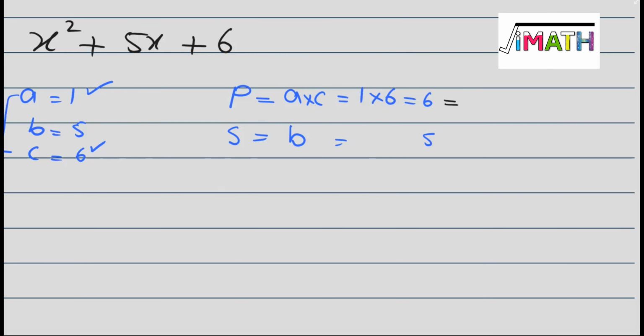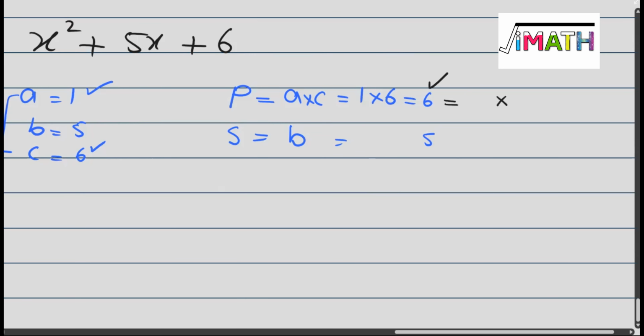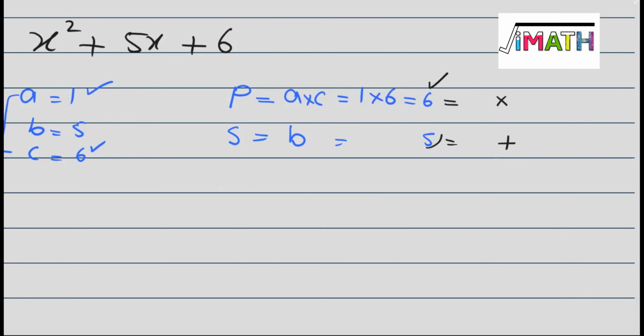So we need to come up with two numbers. If we multiply them, we get the product 6, and if we add them up, we get this b. So if we multiply 3 and 2, we get 6, and 3 plus 2 equals 5.